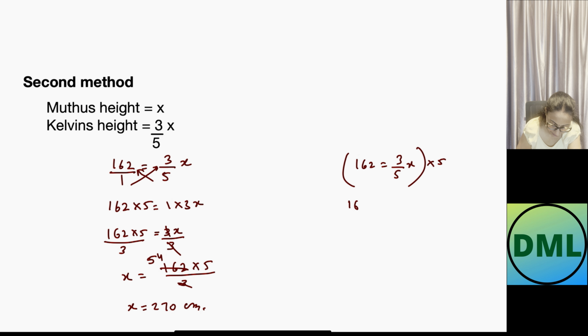This will be written as 162 times 5 equals 3/5 times 5 multiplied by x. The 5 gets cancelled. 162 times 5 is equal to 3x. I got the same equation as before. 3x multiplied by 1 is 3x only. You can follow the same method and get the answer for Muthu's height as 270 centimeter.